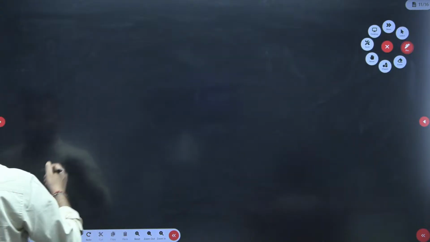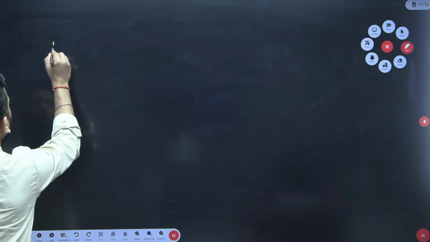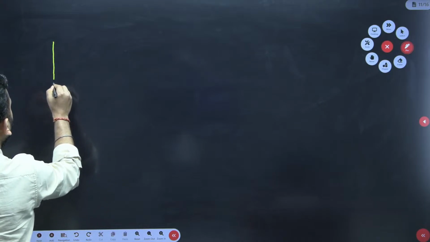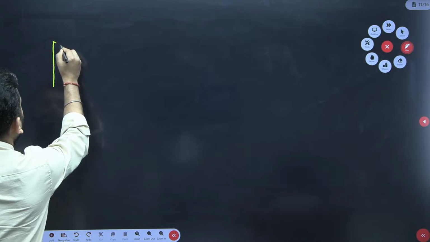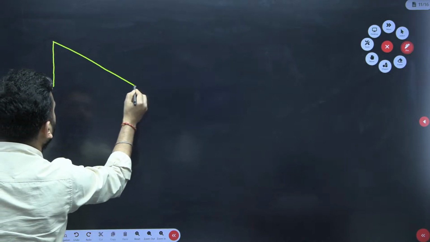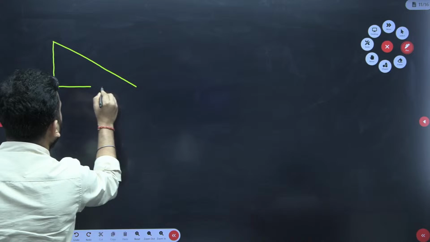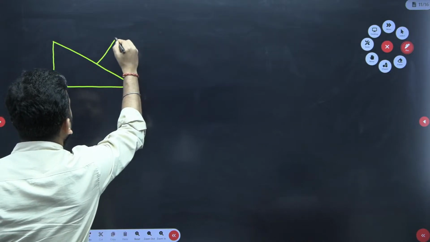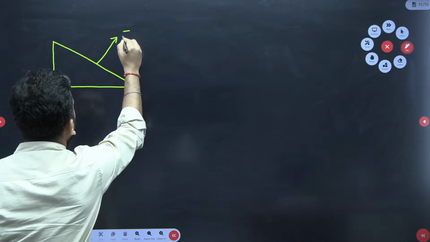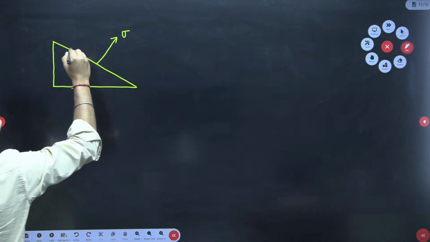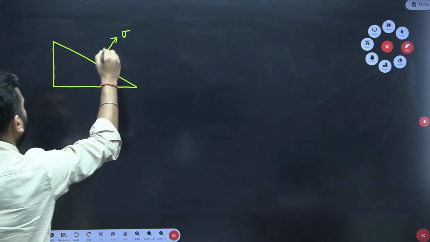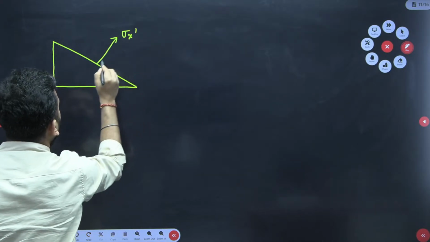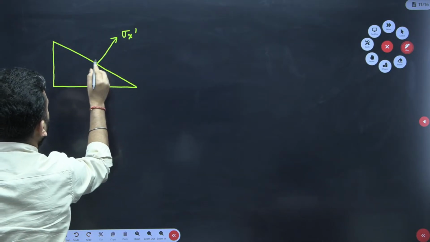So what was the thing? Now that triangle you have observed. So this is the triangle that we are talking about. On this face there is sigma x dash. This was the horizontal line earlier.